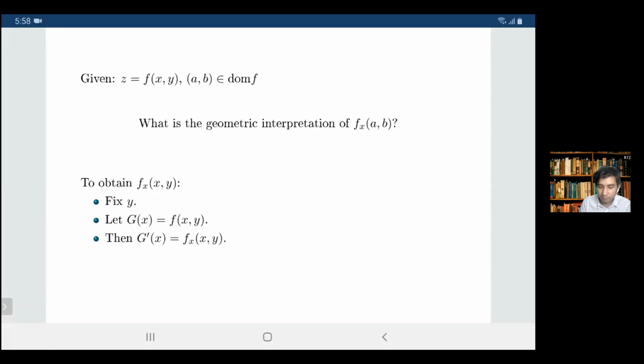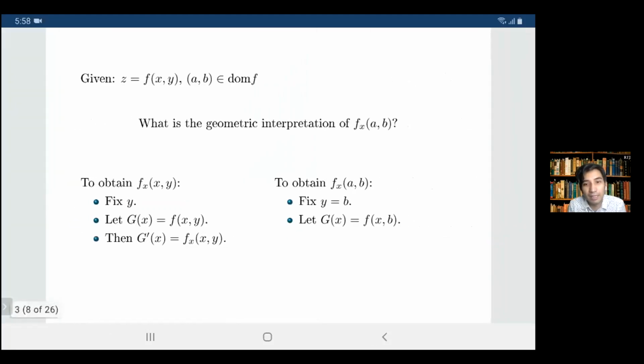Okay. So if we replace y with b, so fix y equals b for example, then our g of x becomes f of (x, b). So this is a function of x. Here our y is a constant. So when we take the derivative evaluated at a, that is f_x of (a, b).